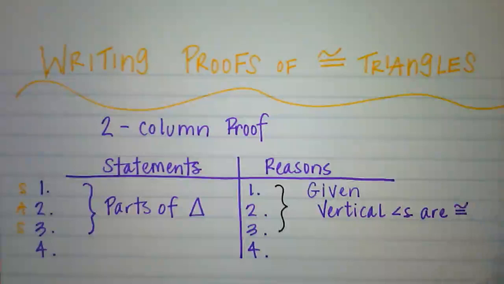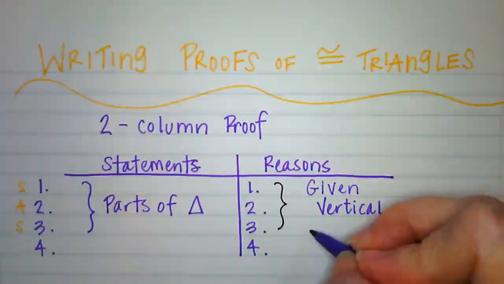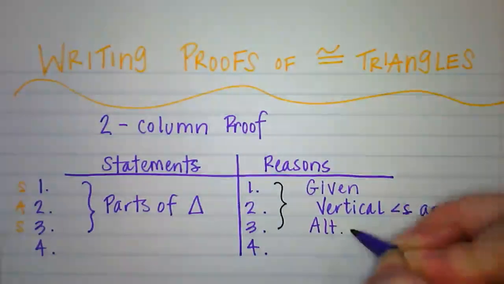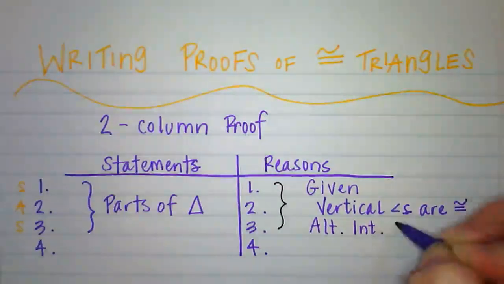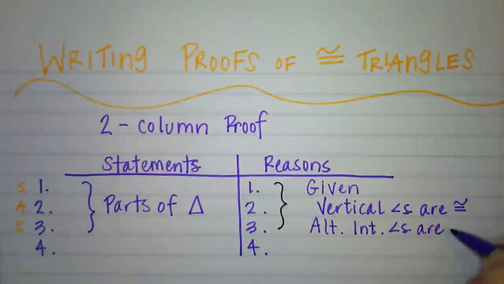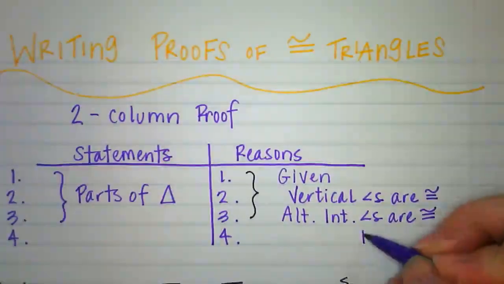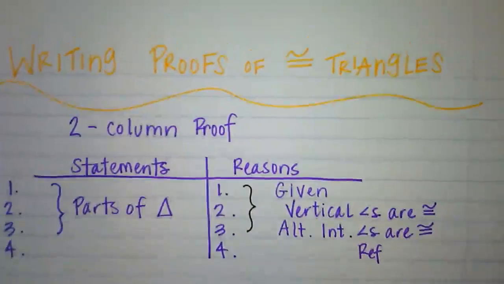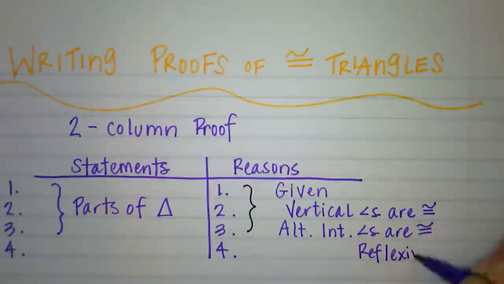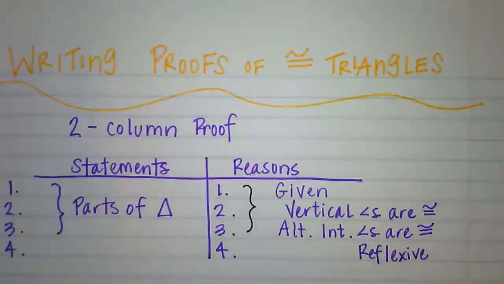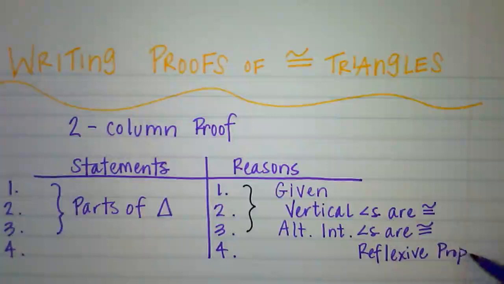We know from Math 8 that alternate interior angles are congruent. We also learned this year what reflexive property is. So anytime we are using the same part of a triangle in both triangles, it's still going to be congruent. So an angle is always going to be congruent to itself if it's used in both triangles. So that's our reflexive property, but we'll get to that in just a few minutes.